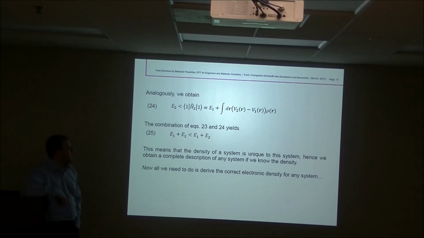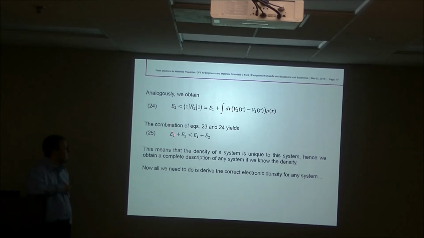So the density is a unique mapping for any external functional. And an external functional is the positions and charges of our nuclei, and perhaps an electric field or something like this. But you're getting the point, right? So the density is a unique representation of our system.